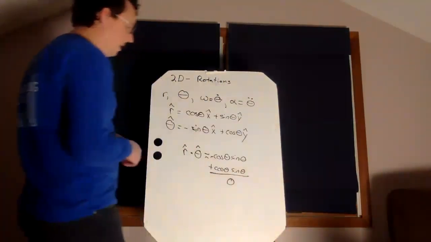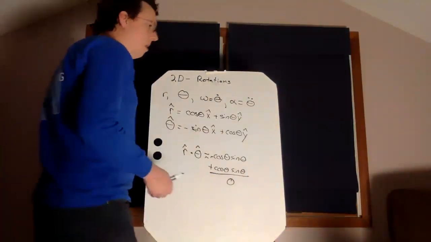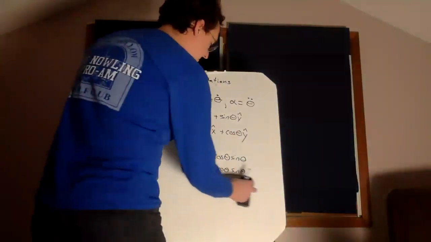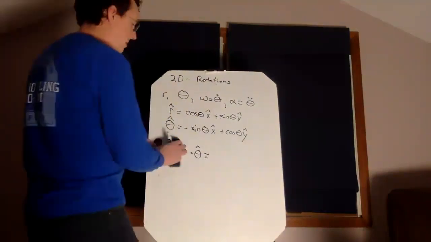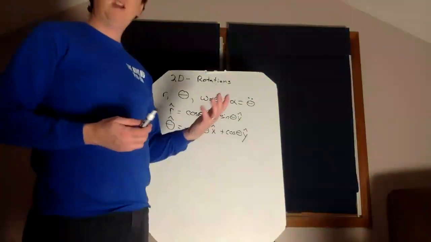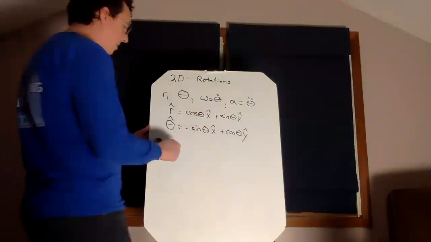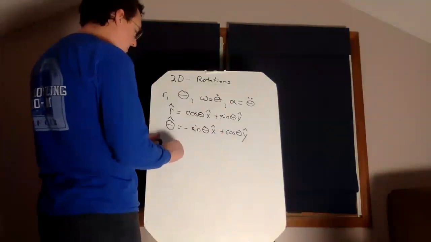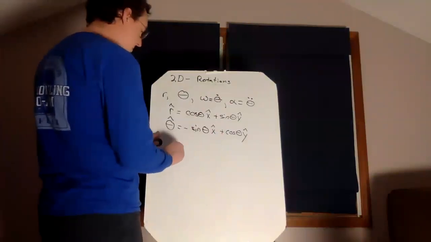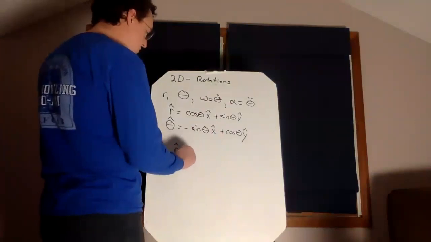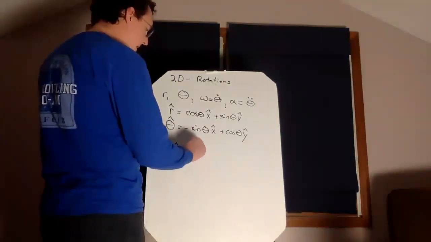While we're on a roll here, let's go ahead and take the cross product of r hat and theta hat. Now, there are two ways you could do this. You could either just picture it. So we have a formula for the cross product. Let's do r hat cross theta hat.